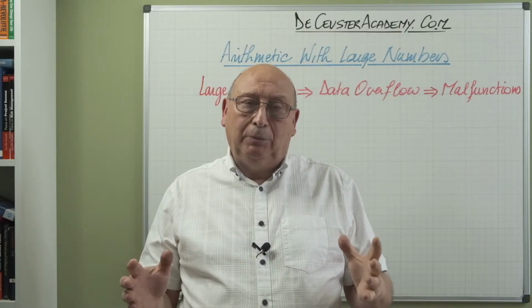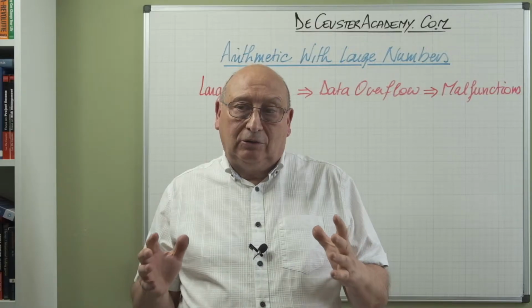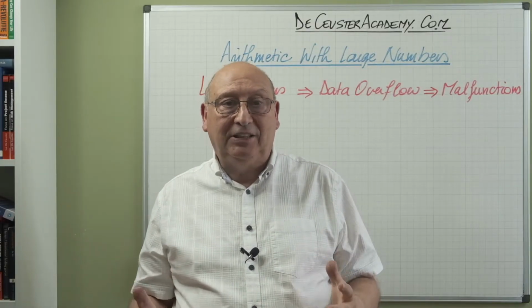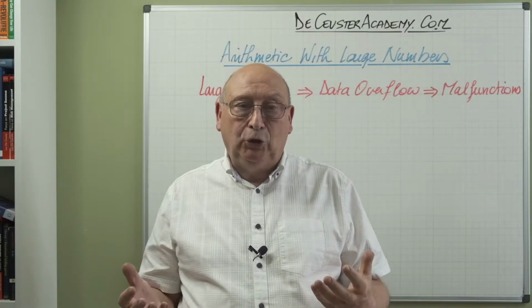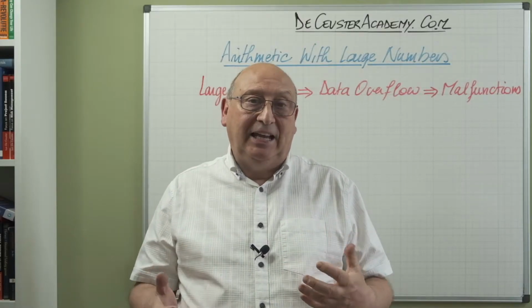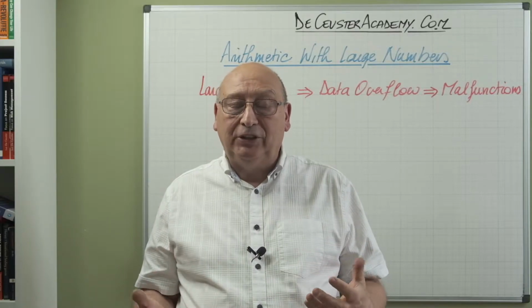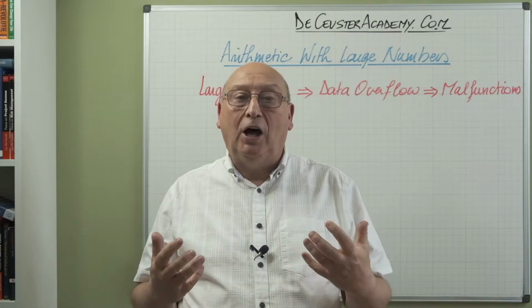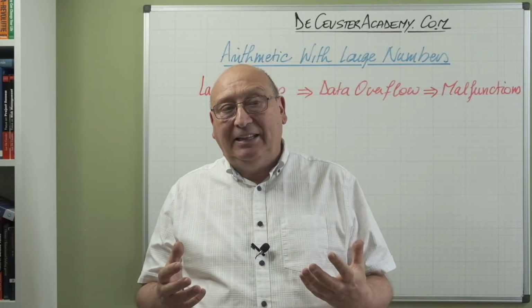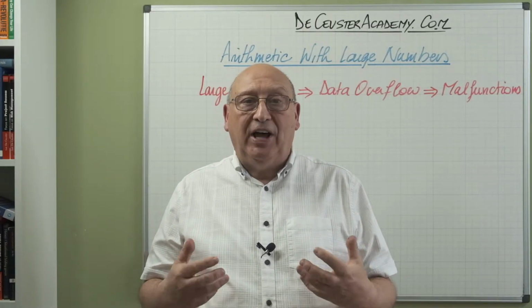In this video, I will be talking about computer arithmetic with large numbers. Now, when we deal with computers and we are adding and multiplying large numbers, we may encounter a problem that those numbers are too large for the computer and that we get what we call a data overflow.